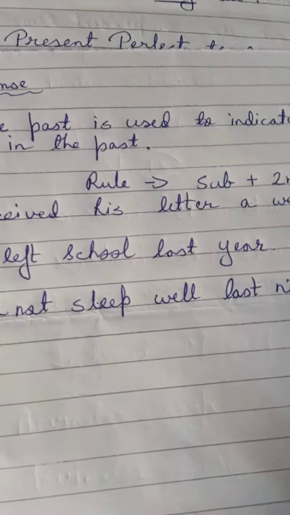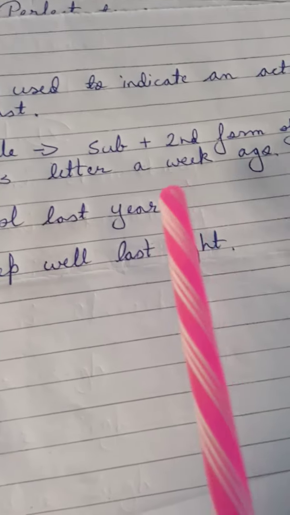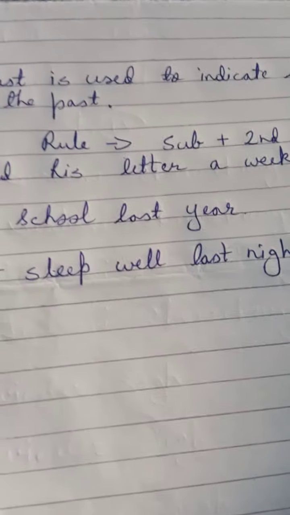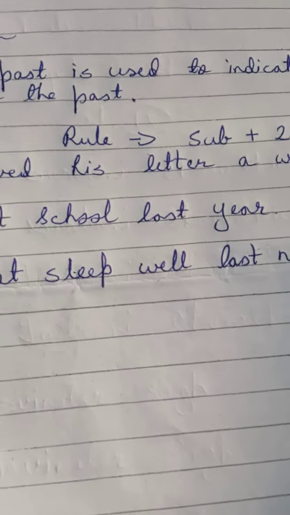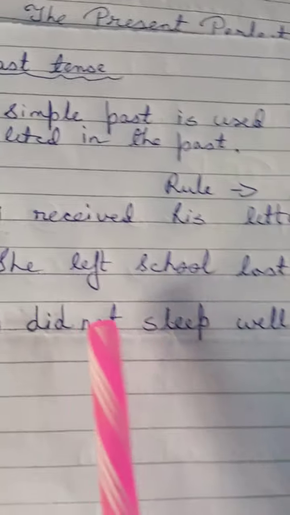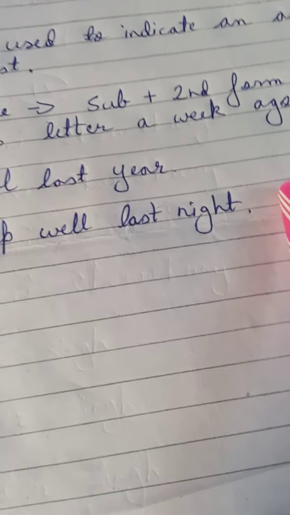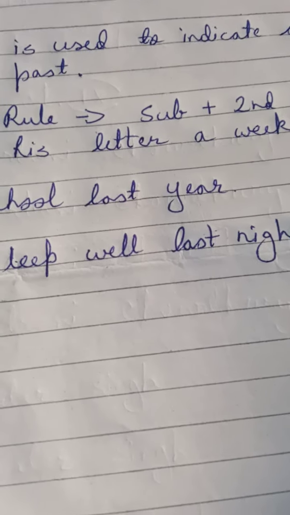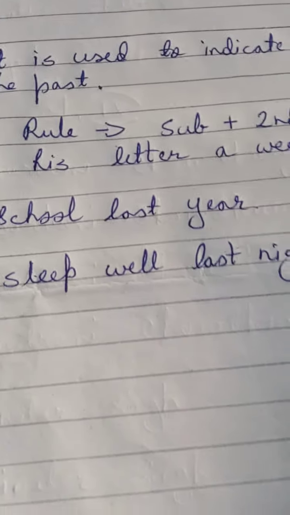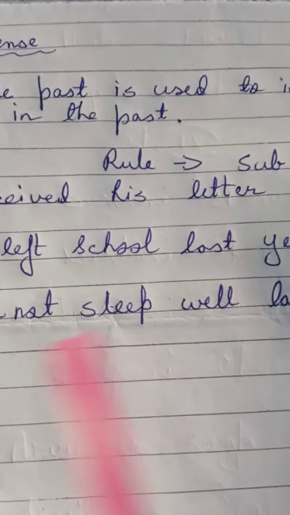For example, the rule over here is subject plus second form of verb. In the simple past tense you have to use the second form of verb, and I have given the example, I received his letter a week ago. A time is mentioned, a week ago. It tells us that a week ago I received his letter.